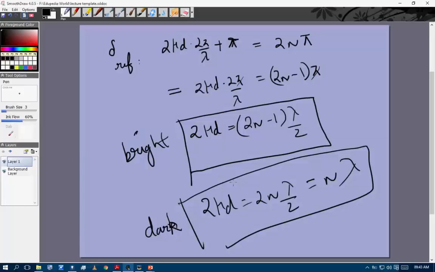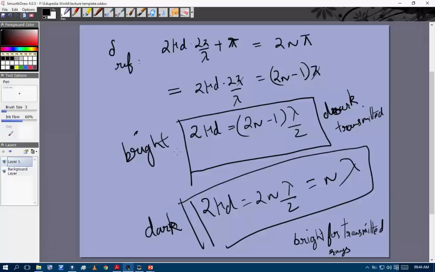And if you have destructive interference for both reflected and transmitted rays, then you have actually loss of energy. That does not happen, and actually this bright condition, you can check, is dark for transmitted rays. And this condition 2 mu D equal to n lambda is bright for transmitted rays.